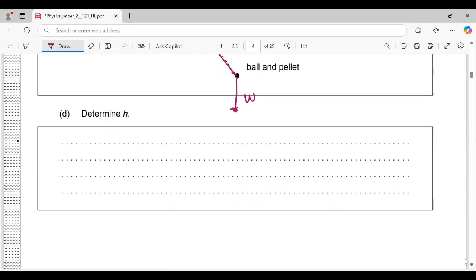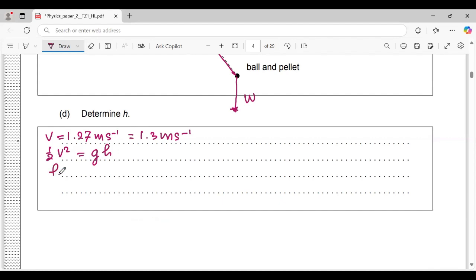Determine the height. Just now, we already calculated the velocity after collision, and the velocity after collision is 1.27 meters per second, or 1.3 meters per second rounded. By conservation of energy, we can calculate through this formula: half v squared equals g times h.